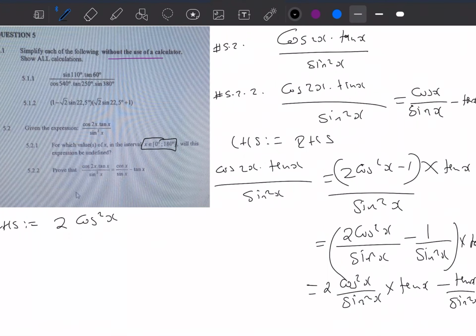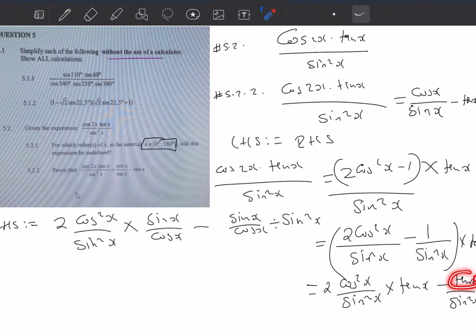Minus, let's keep tan x that way: sine x over cos x, divided by sine squared x. That's basically what I'm doing here. Tan x is sine x over cos x divided by sine squared x.